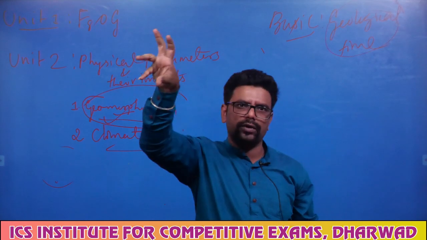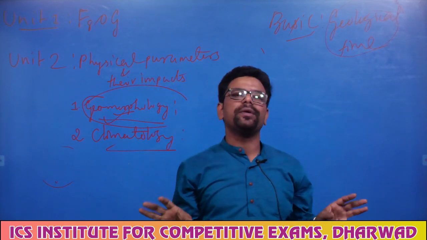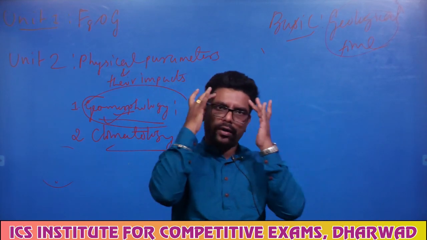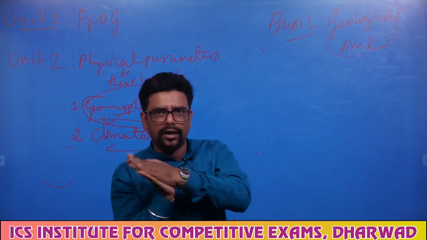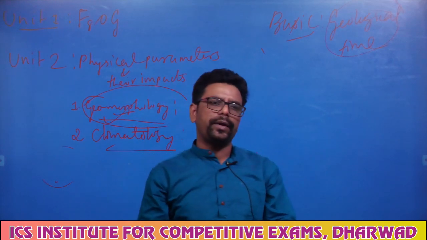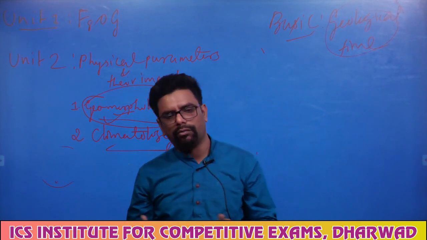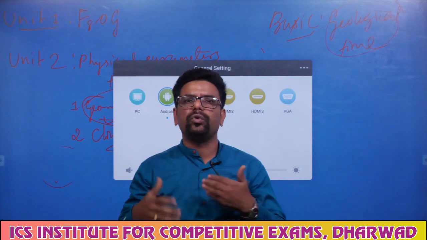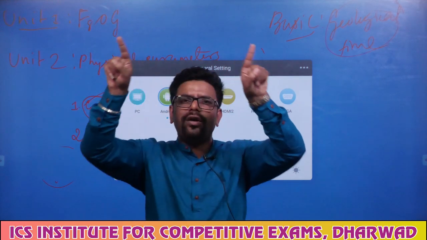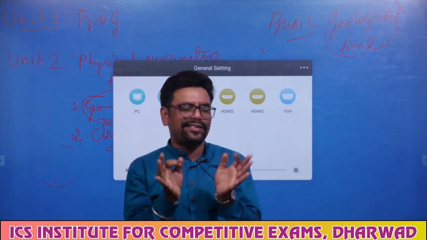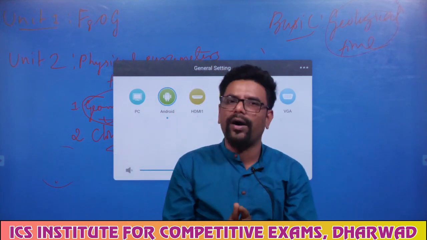You need to know the Chapman cycle. When you are talking about ozone, you must know the ground level and stratospheric ozone, and how ozone is formed according to Chapman, and how ground level ozone is formed. All these things we will study here. I hope you are getting it.